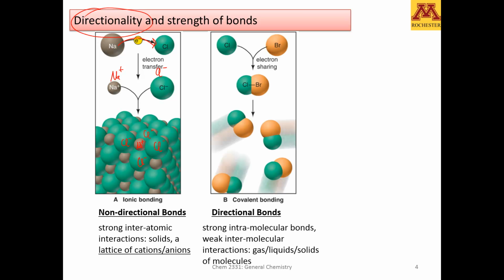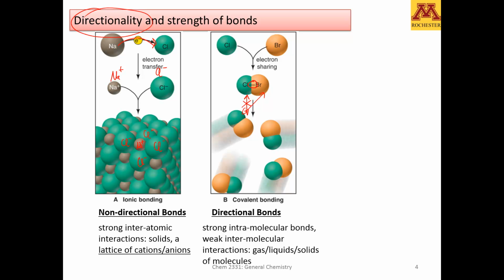It's very different from covalent bonding. Covalent bonding is directional, because when chlorine and bromine form a bond, these electrons have to be in a specific direction, in the direction of the atom to which it's bound. This means that this chlorine does not interact as strongly with this other bromine, and this other bromine does not interact with this other chlorine.